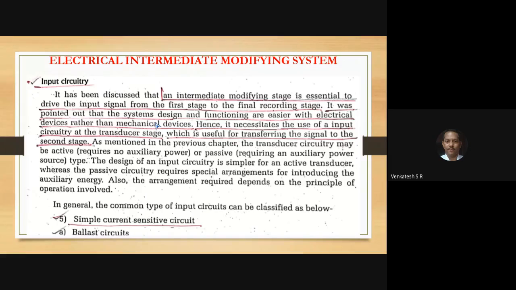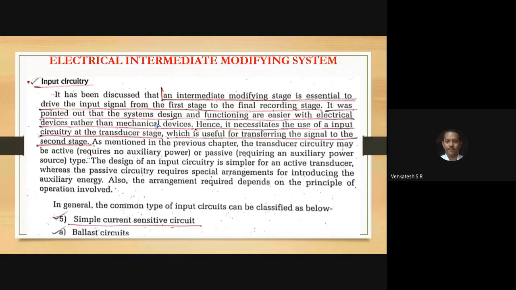Next line write down answer. Input circuitry.